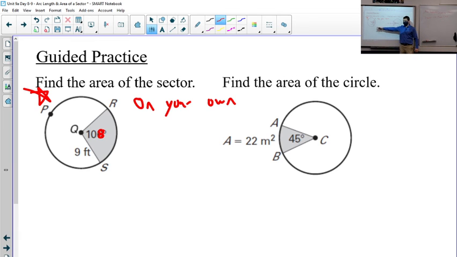So the answer should have a pi in it, and it should be a simplified fraction with pi in it. All right, so I'll be checking that when I check the notes. And that should cover all the problems I'm looking for to be done on the notes.